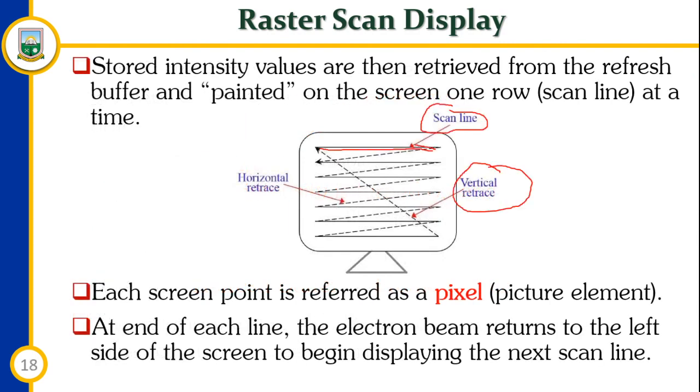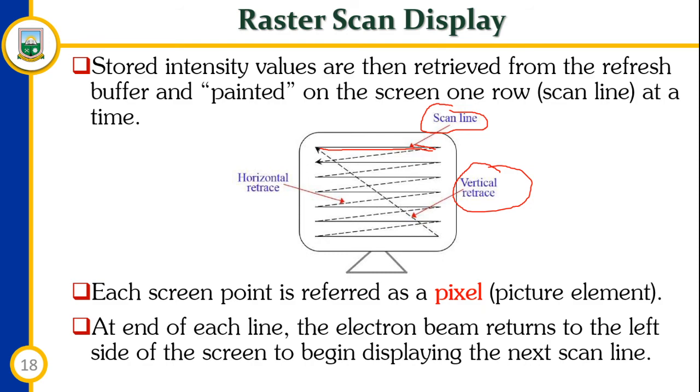And of course, the screen has so many pixels, but we don't know whether the intensity will be on or off. So depending on the character that is displayed, we will know if the intensity is on or off. So a pixel is more or less the picture element, the basic picture element that displays on the screen.